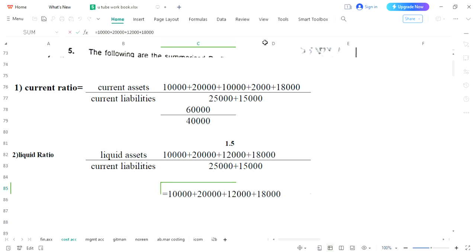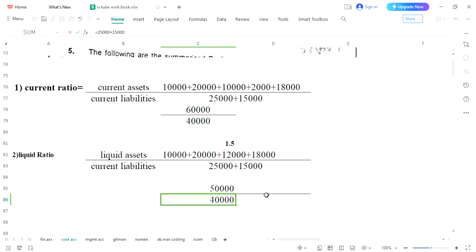Let me check again. The 20, 30, and this was 2000. Okay, see 10,000, 20,000. This 10,000 was stock, 2 and 18. 10, 20, 2 and 18.